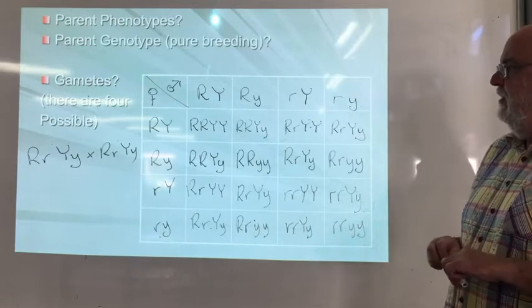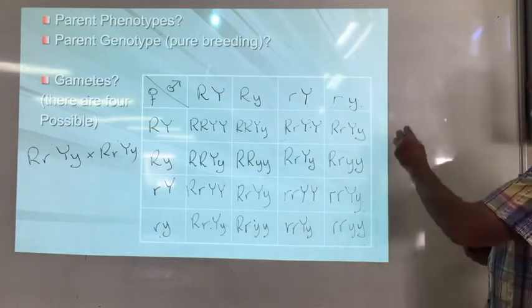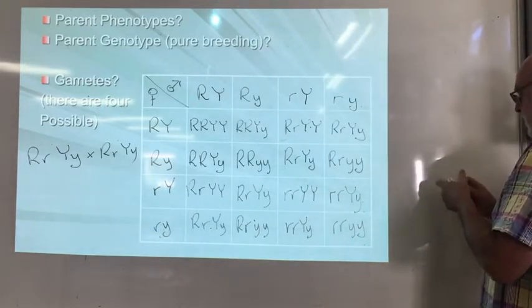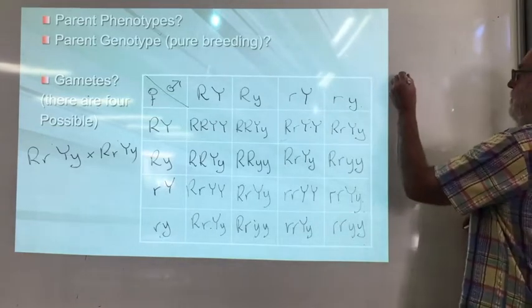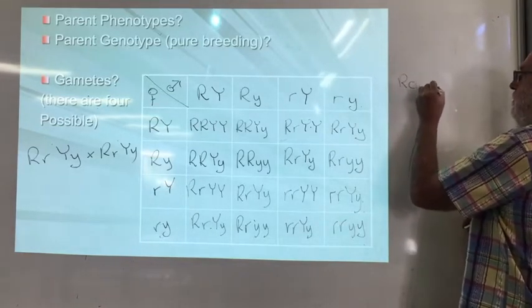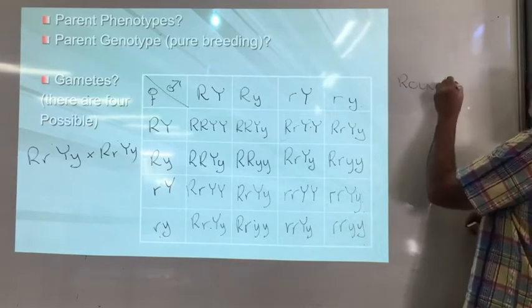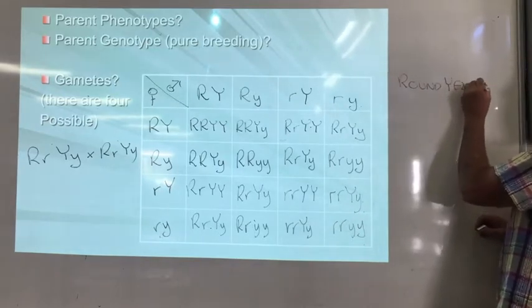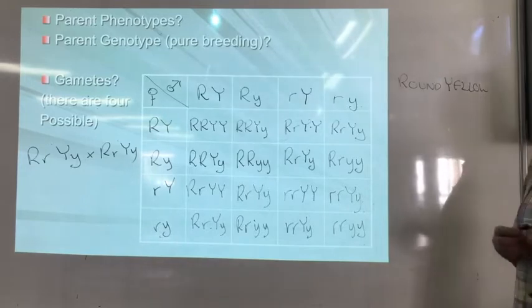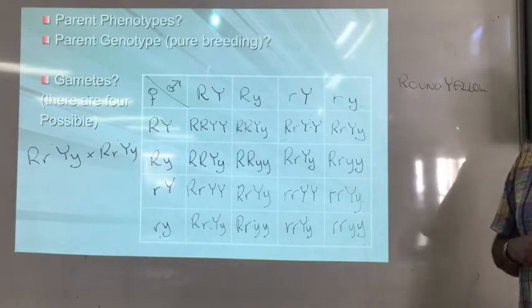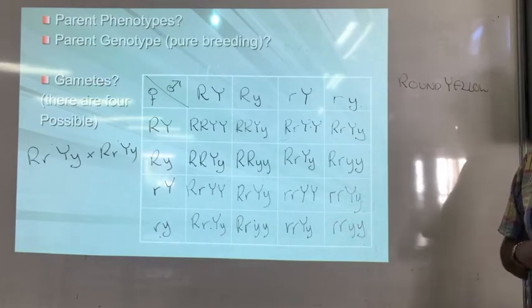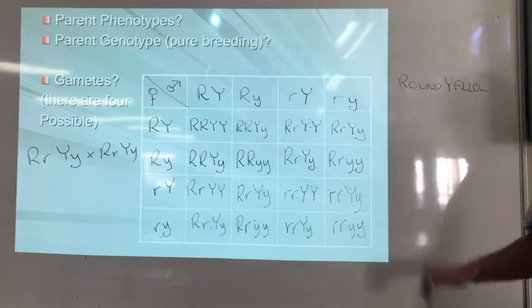First of all, we're going to look at the number of individuals that are round and yellow. Remember, to be round and yellow, you've got to have at least one capital R and at least one capital Y. It doesn't matter if you've got two of them, but you must have at least one of each.